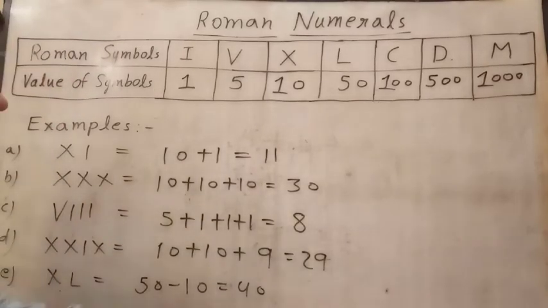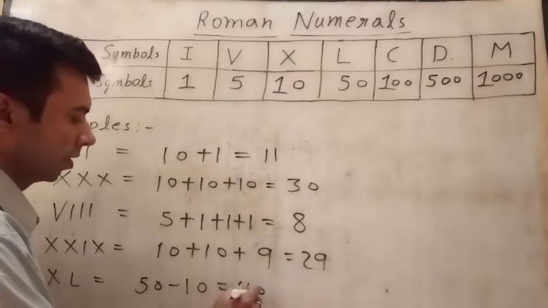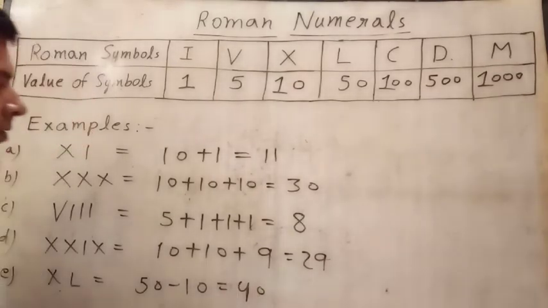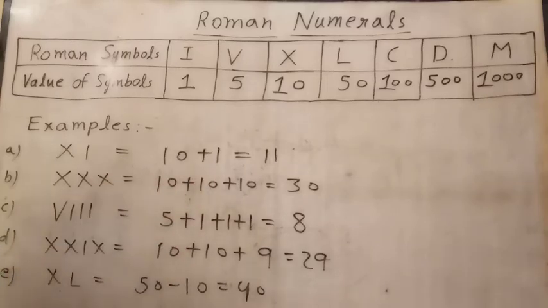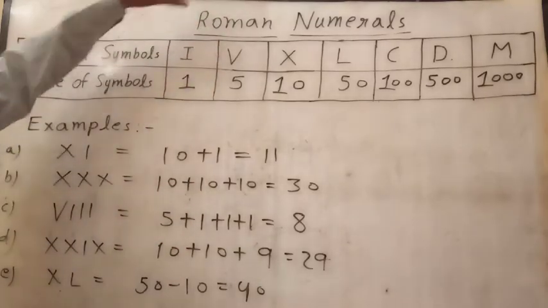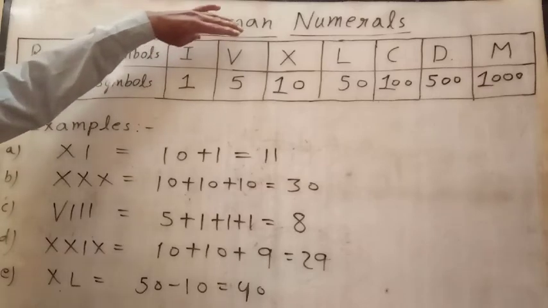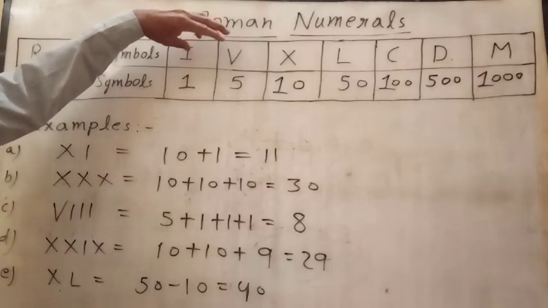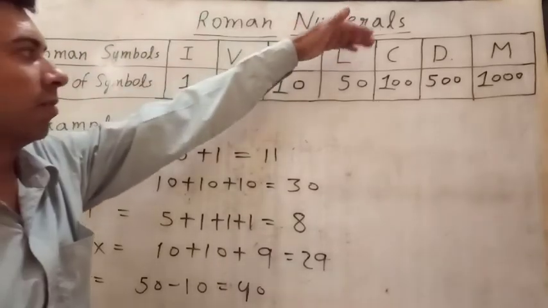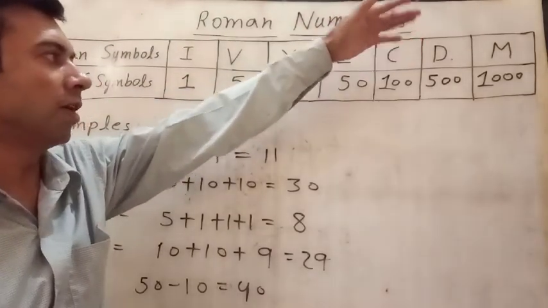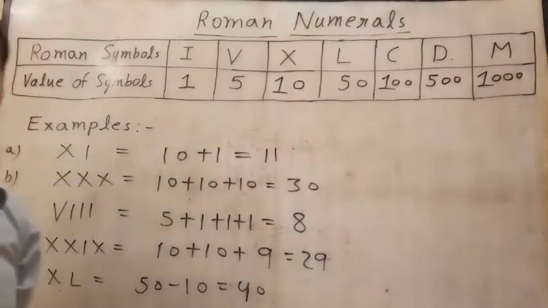Fifty minus 10 is equal to 40. So in this way we find out the value. You have to learn the value of all the symbols, because directly it can be asked. Value of L, value of C, value of D, value of M.